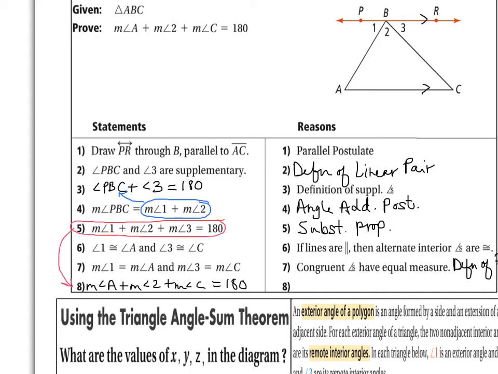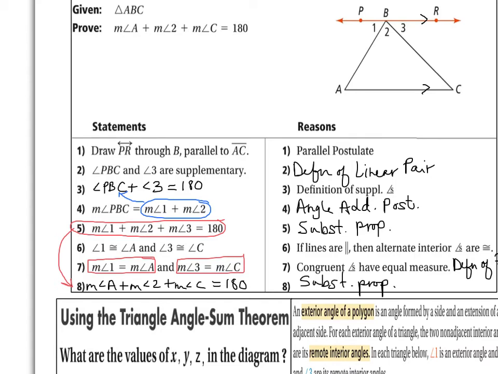They're essentially the same statement, except for now we have an A and a C in there. And if you look, it says that C and 3 are equal and A and 1 are equal. So essentially all they've done is they've replaced A for 1 and C for 3. So this again is the substitution property.